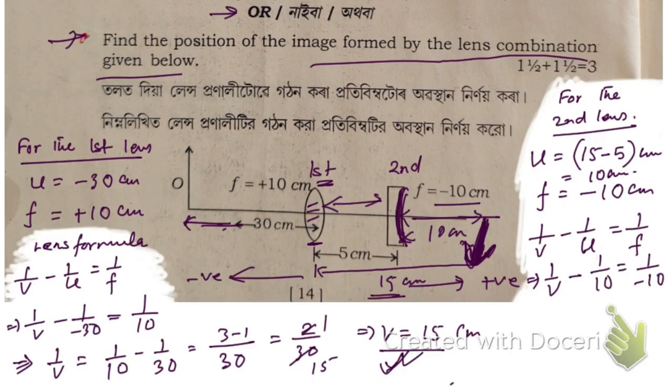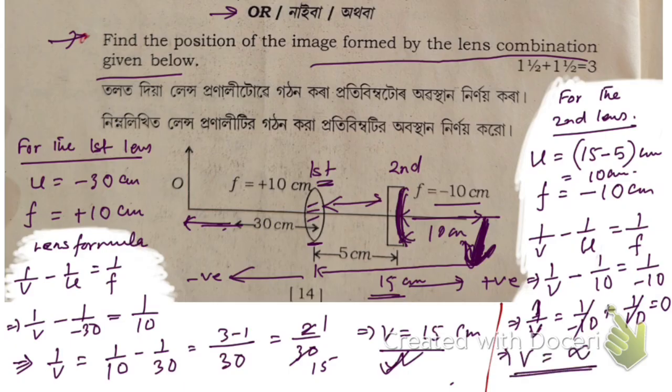If you shift this term to the other side, it will be minus 1 by 10 plus 1 by 10, which gives you 0. So 1 by v is equal to 0. That means v is equal to the reciprocal of 0, that is infinity. Therefore the image will be formed at infinity, right?